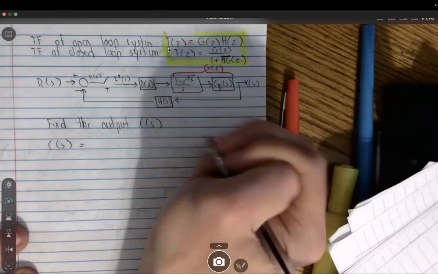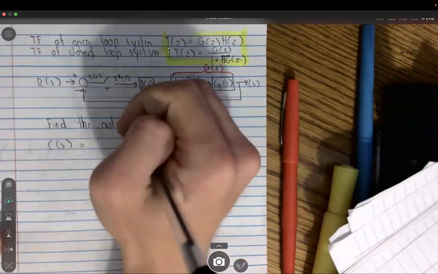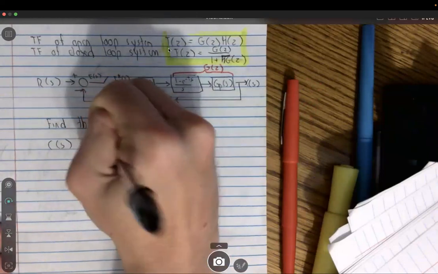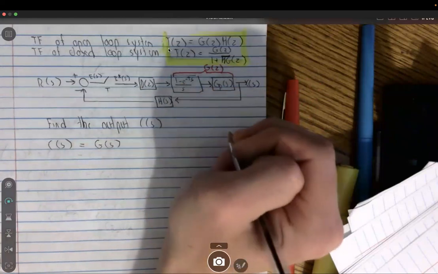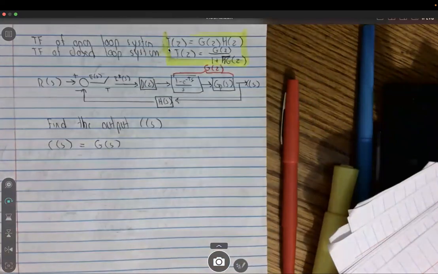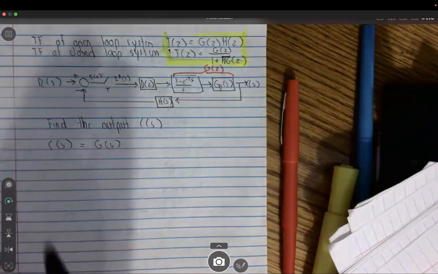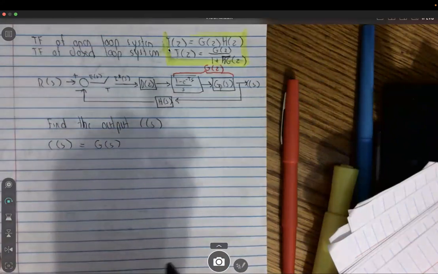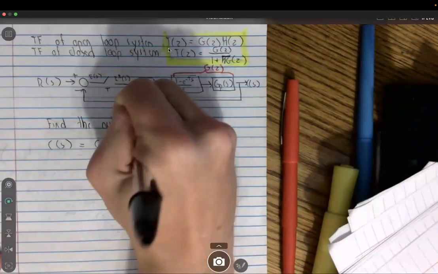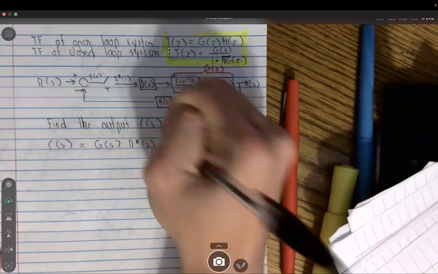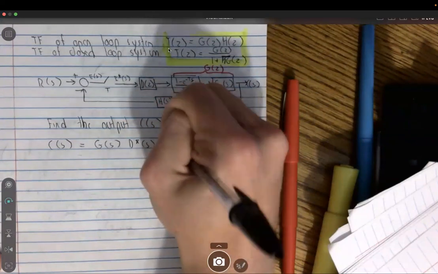So here we're going to have G of s multiplied by T star of s multiplied by E star of s. Okay, this would become D star of s, because we're writing it in terms of s, D star of s times E star of s.